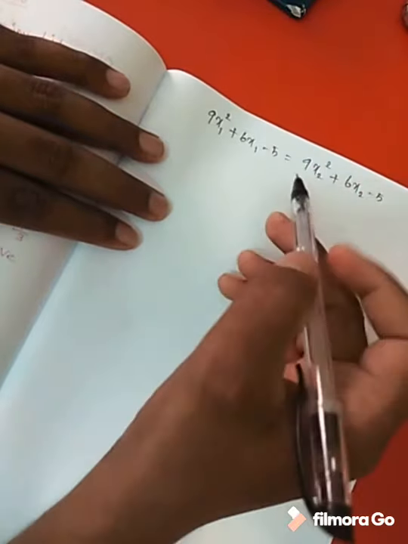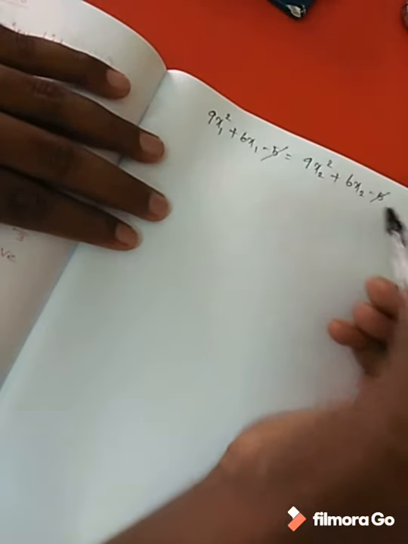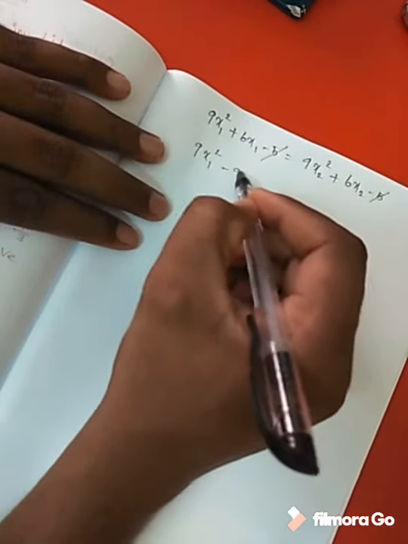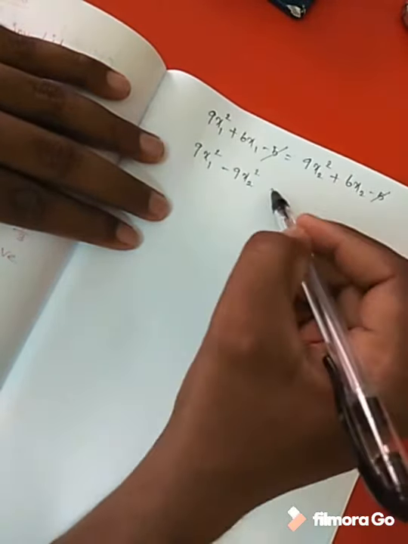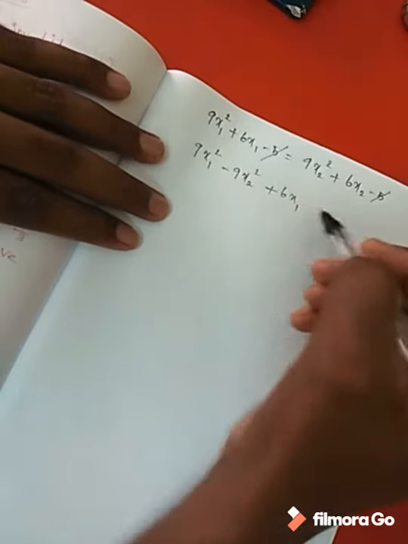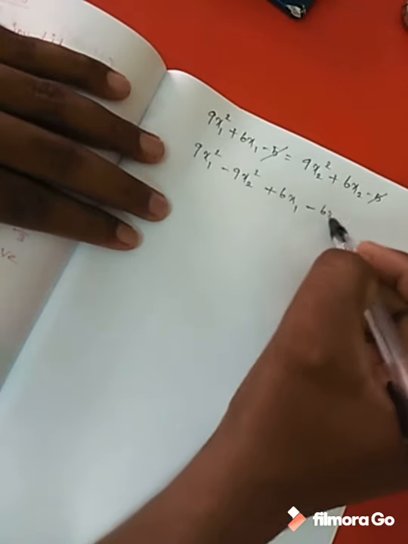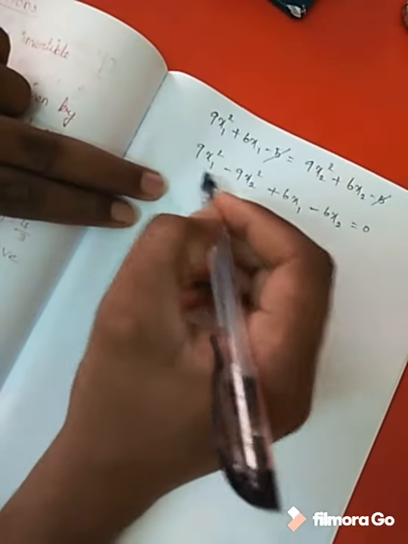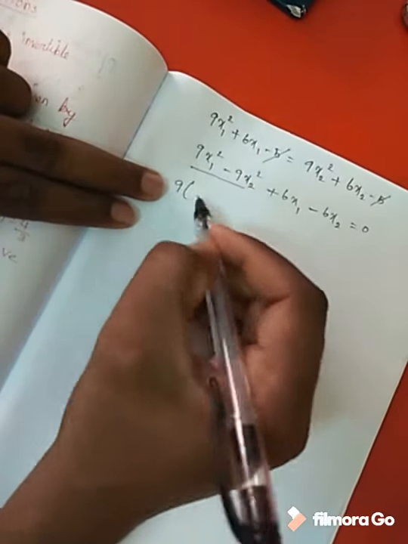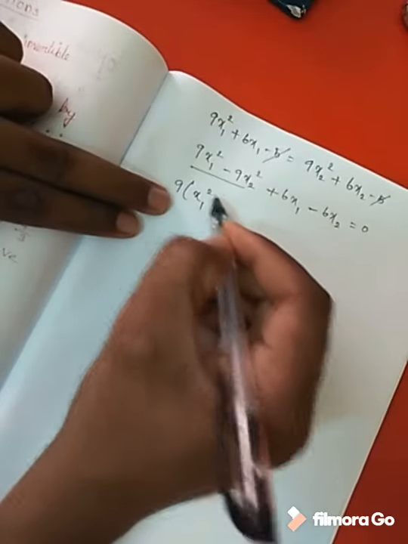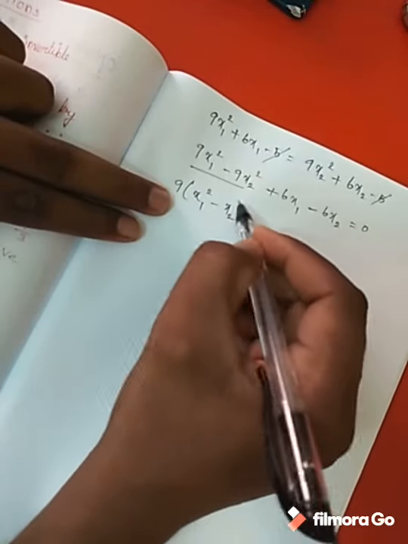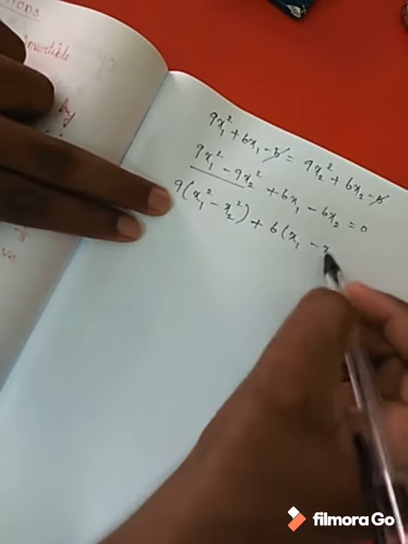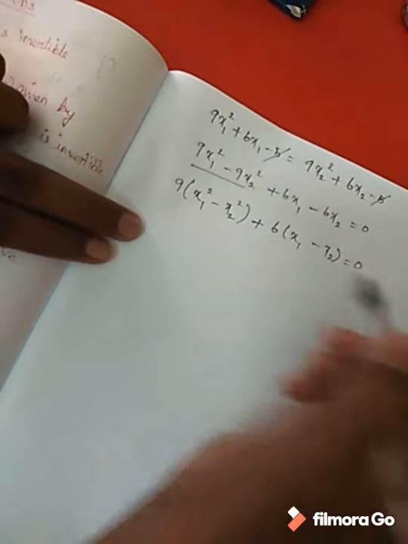So we can cancel -5 and -5. I can write 9x1² - 9x2² + 6x1 - 6x2 = 0. From the first two terms I can take 9 common: 9(x1² - x2²) + 6(x1 - x2) = 0.